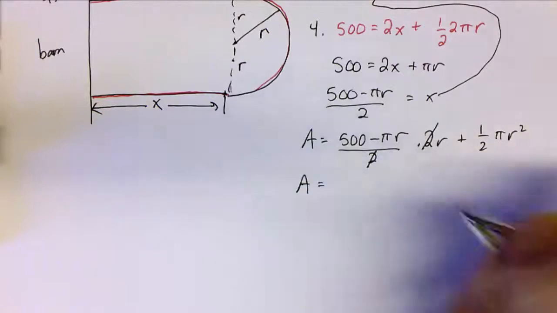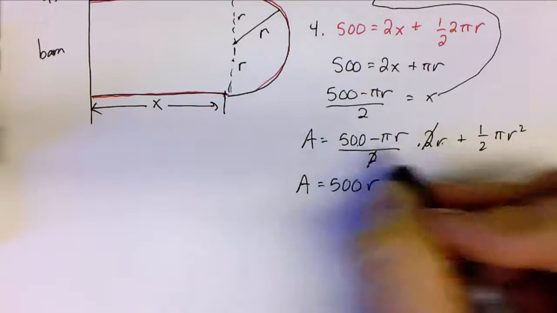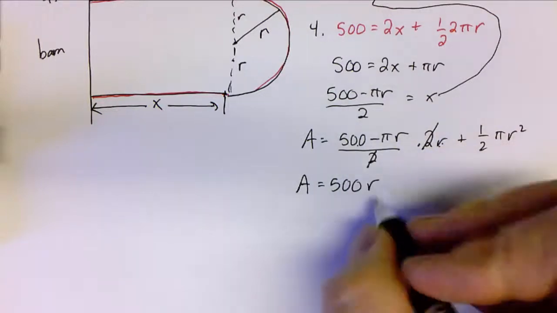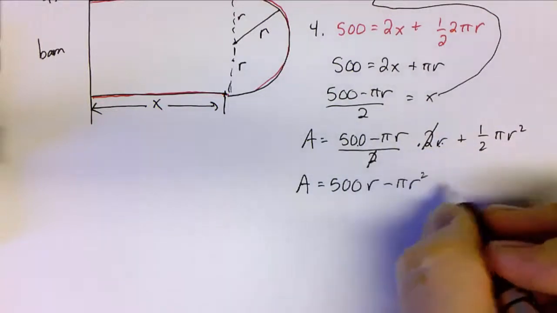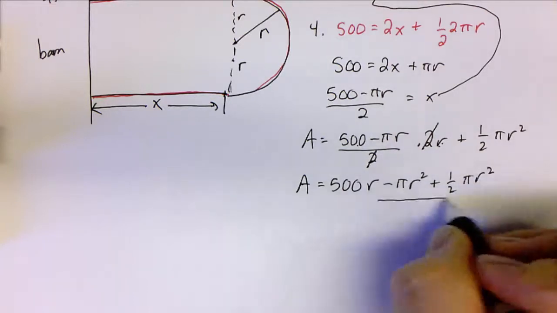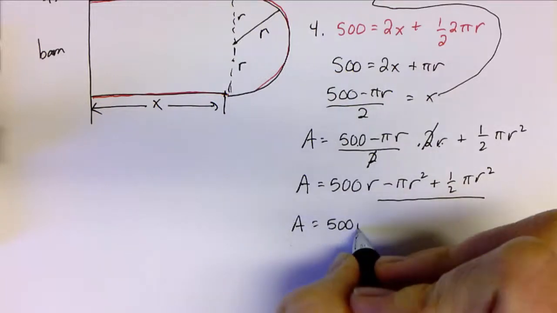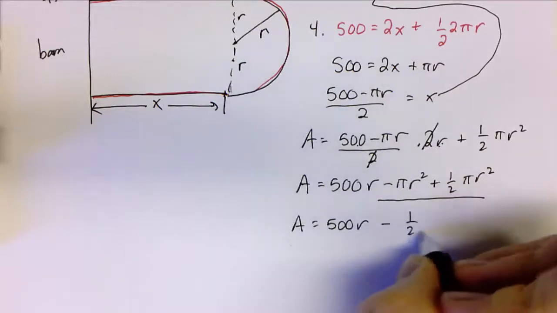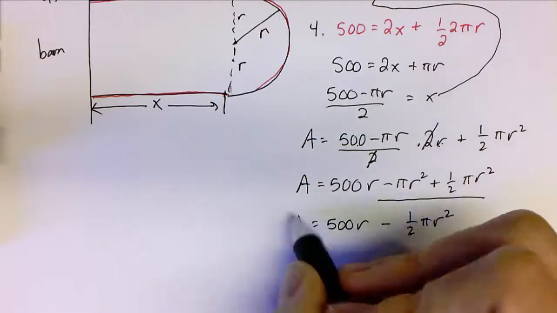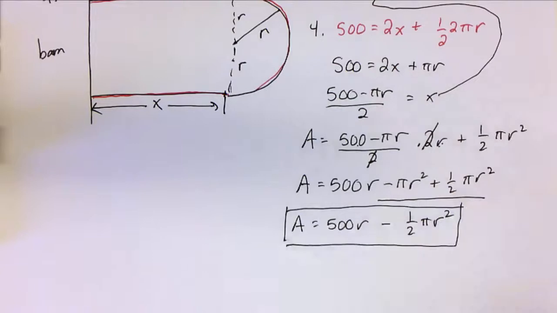The area is equal to 500r, I have to distribute the r onto both pieces, minus pi r squared plus 1/2 pi r squared. These two terms can be combined, so I get area equals 500r minus 1/2 pi r squared. So here's my area function in terms of the one variable, the radius.